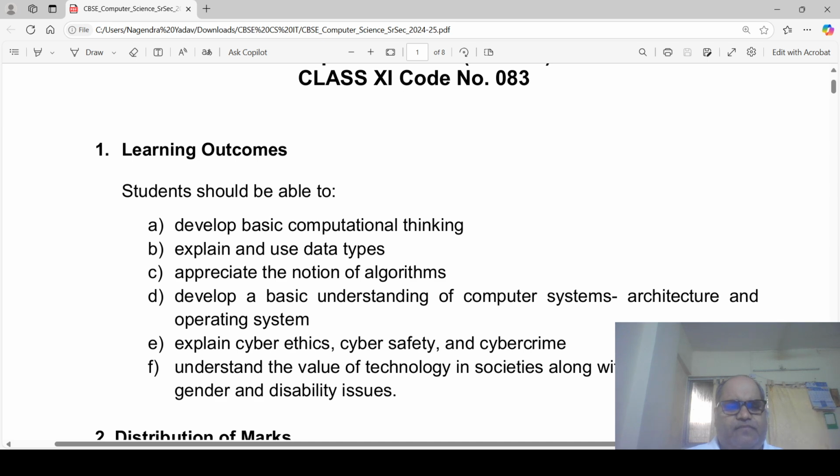These are, for many of you, the first or second time in any computer science related course.